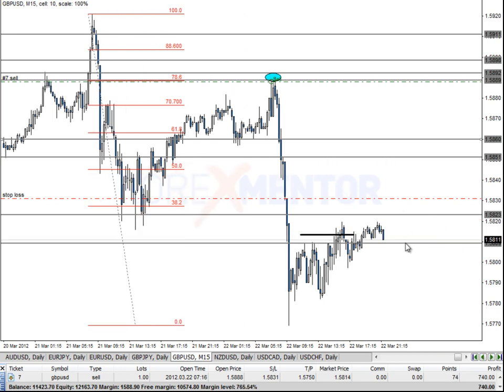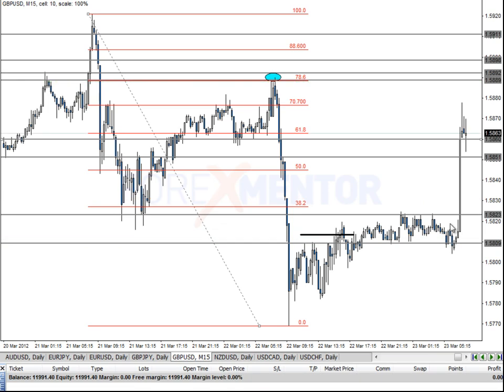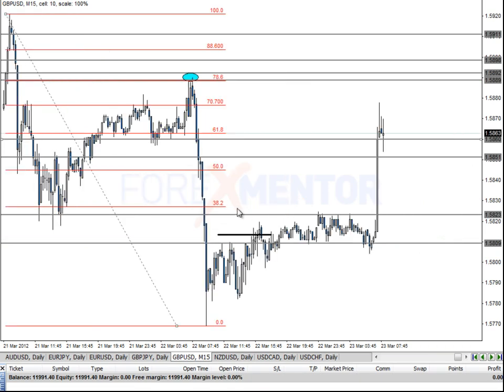Okay, this thing looks like it wants to take a little leg up here maybe. I'll just drag this across. There's the 38 level. And this base we want to hold as resistance. So base is holding at the moment. Okay, so you can see our price rallies up right through that area and we get taken out.